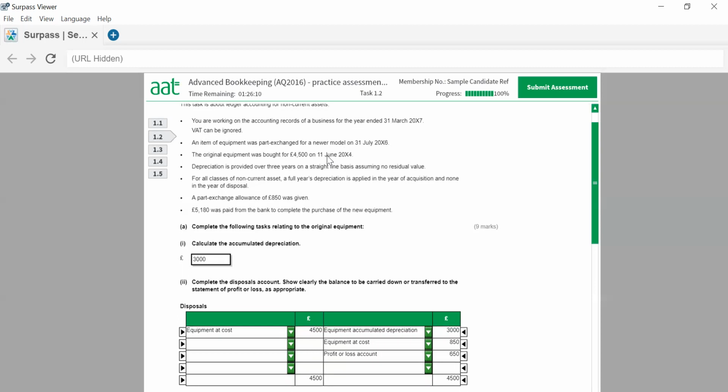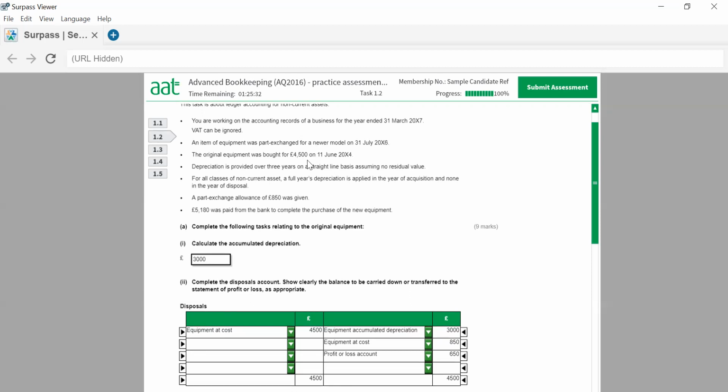So you've got 2004, 2005, and then 2006. 31st of March 2006 is our year end, so we're not going to charge any depreciation in that final year, but we're going to charge 2 years of depreciation, 2004 and 2005. It says its depreciation is over 3 years. So 4,500, which is the cost, divided by 3 is 1,500. So the depreciation charge each year is 1,500.